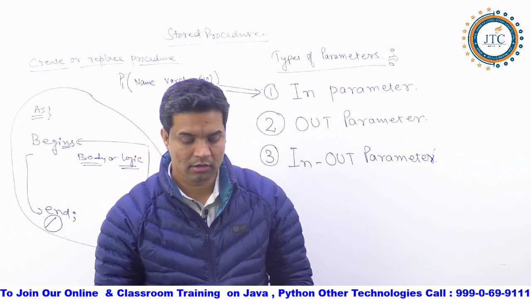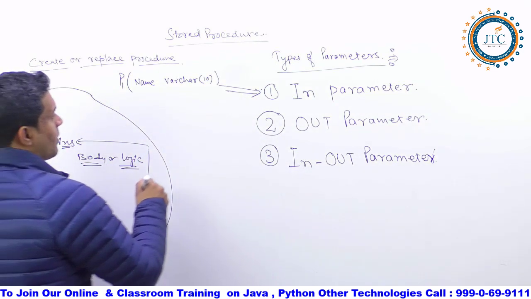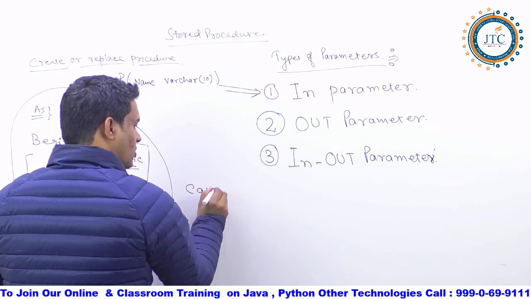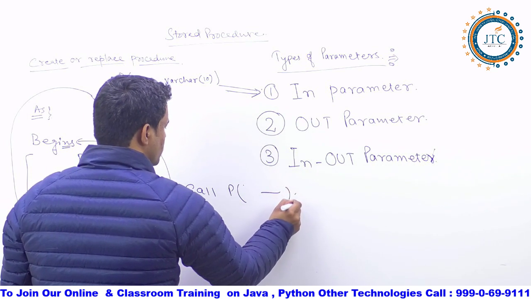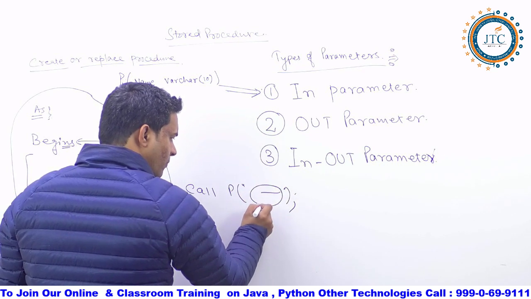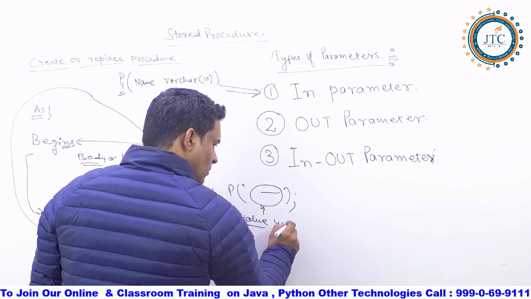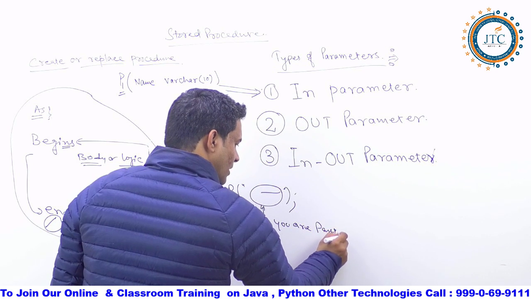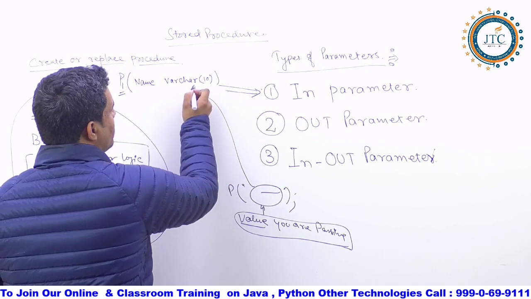Here in this case, let's say I call this procedure P1, so I am writing call P1 and giving some data into it. Whatever value you are passing here, where is this value going?